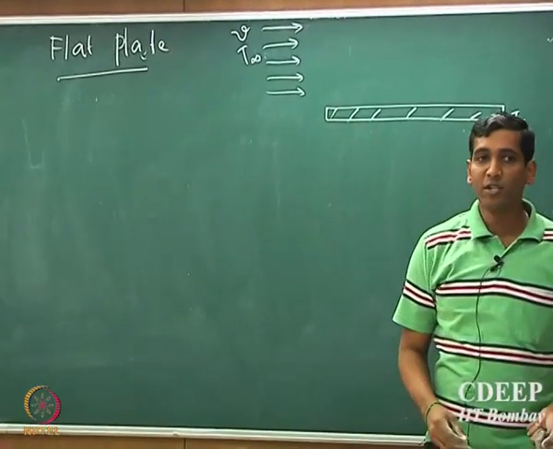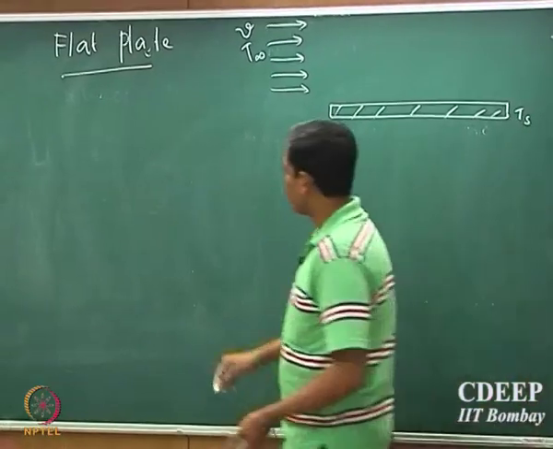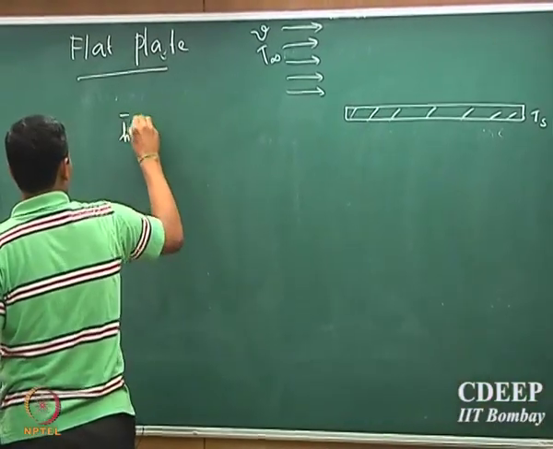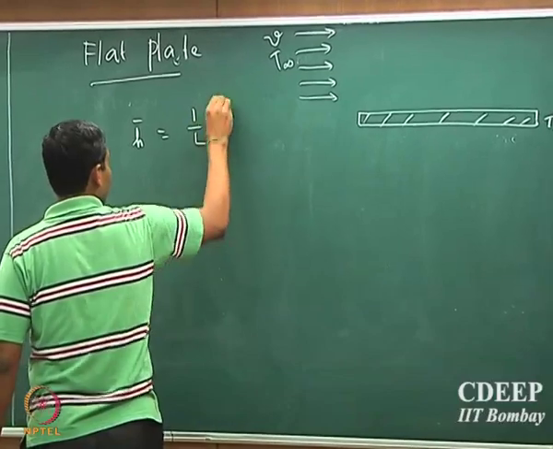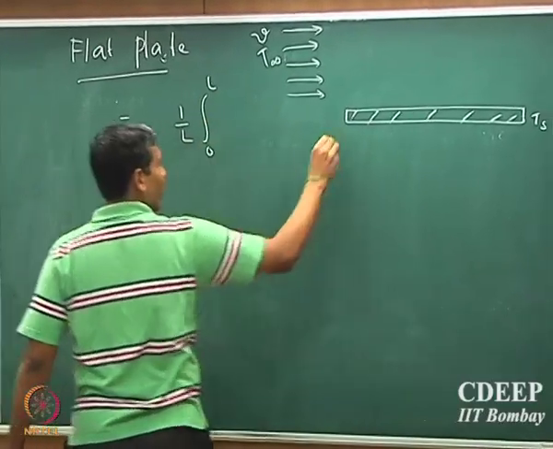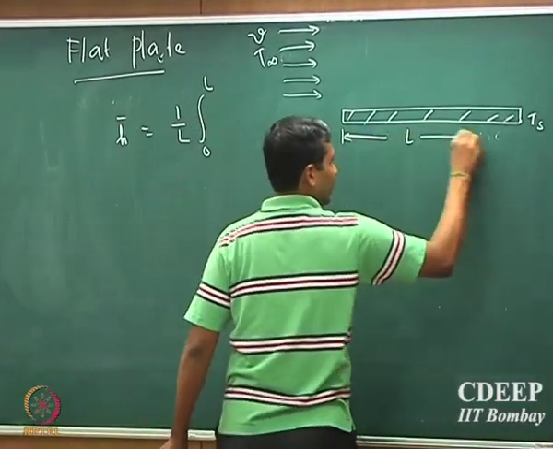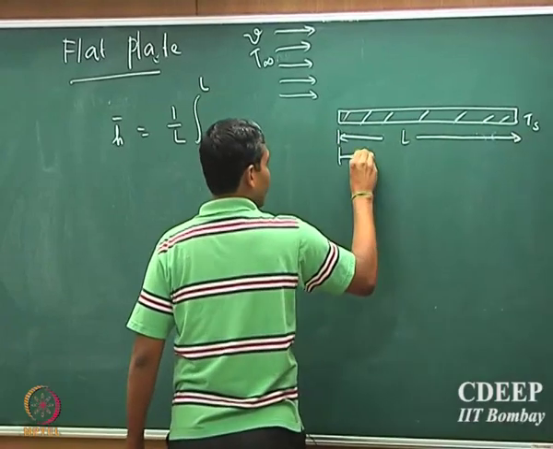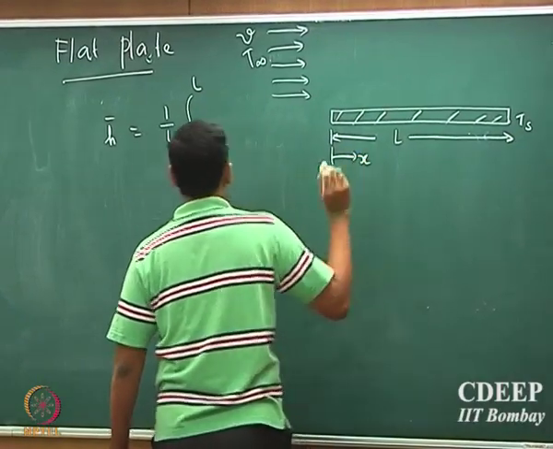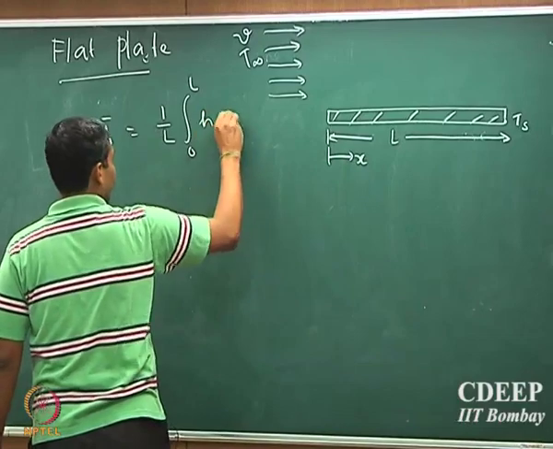So the average heat transport coefficient H bar will be 1 by L integral between 0 to L, where the length of the plate is L and this direction is x, of H times dx.